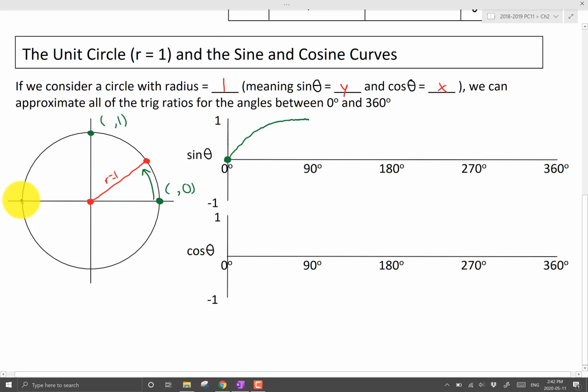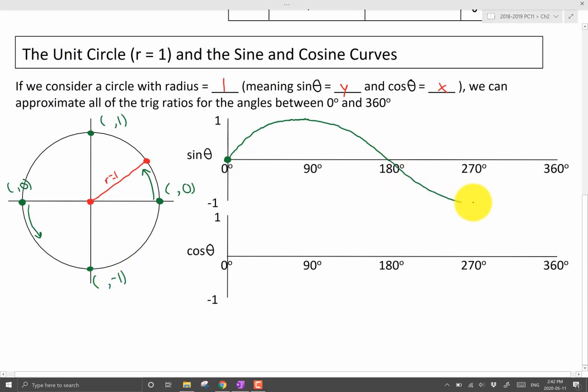Then you can do the same thing. If you keep increasing to 180 degrees, the y-coordinate goes back down to 0. So the y-coordinate keeps decreasing, and at 180 degrees it goes back down to 0. If we go to 270, if I just keep following that path, the y-coordinate from 180 degrees down to 270 would eventually fall to a minimum of -1 at 270 degrees.